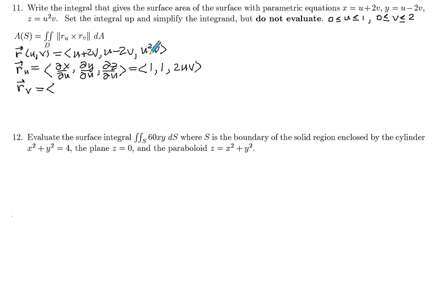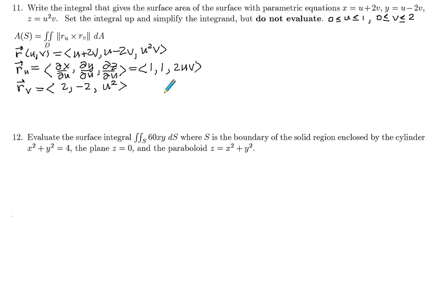We need v derivatives of each coordinate. So the v derivative here is 0, here it's 2, 0, negative 2. And then the v derivative here, u squared is a constant, so the derivative of a constant times v is the constant, u squared.